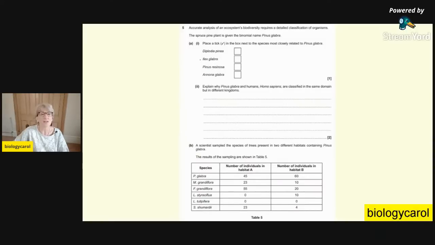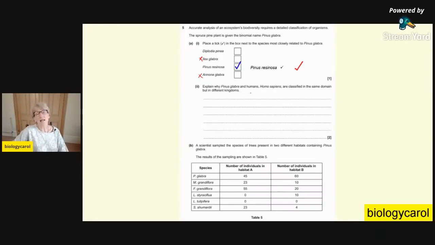I didn't even notice these two because this one was so obvious to me because it's got the same genus name. Don't be put off by the fact that it's got the same species name. It's got to be in the same genus before they start using the same species. These are in different genera. Anyway, moving on. That is correct.